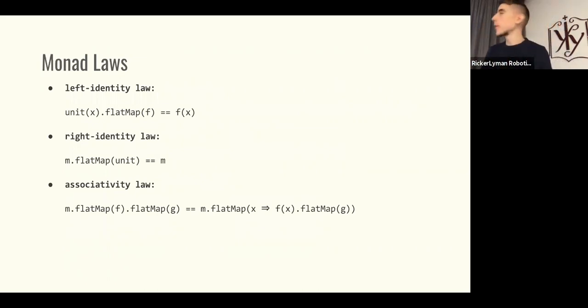You can see them here. So when we have a unit, or kind of null value of a monad, and we are flatMapping over it with some function, this should equal applying the function to the unit value.